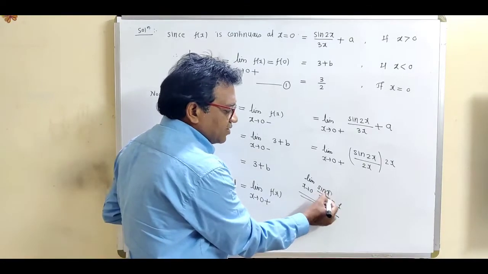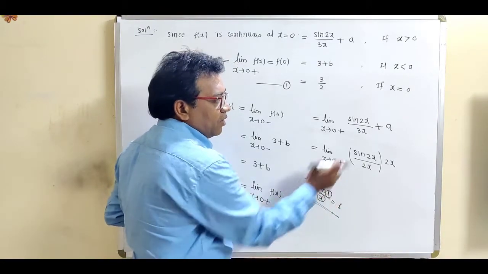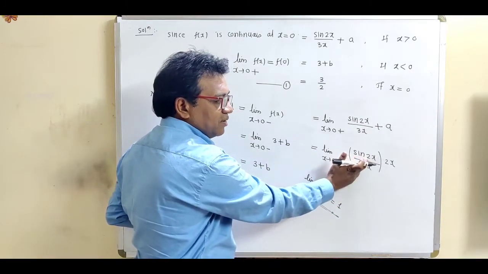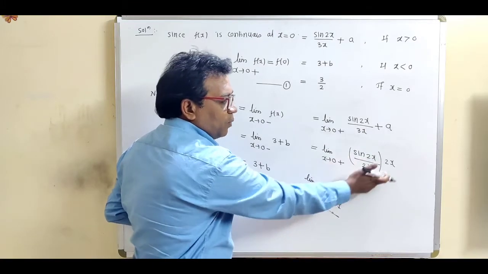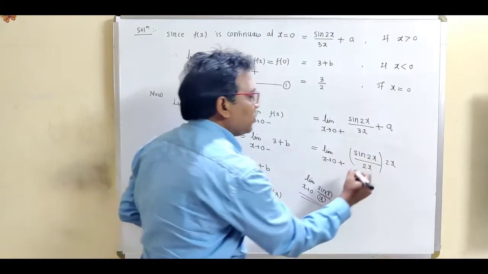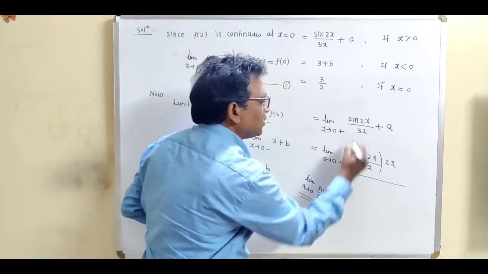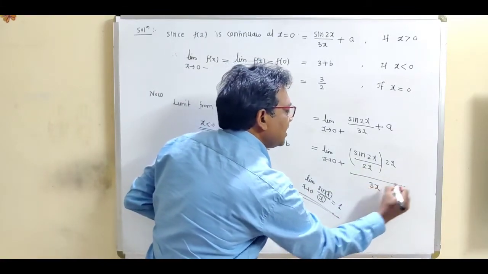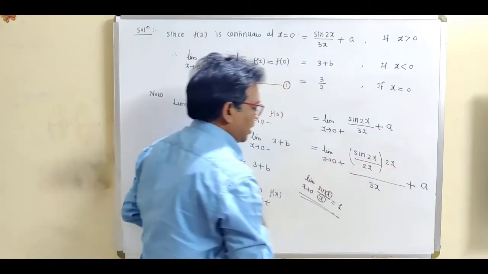We require this same angle x and x. So sin 2x is our required angle. So multiply by 2x and divide by 2x, that means there is no change, divided by this 3x as it is, plus a as it is.